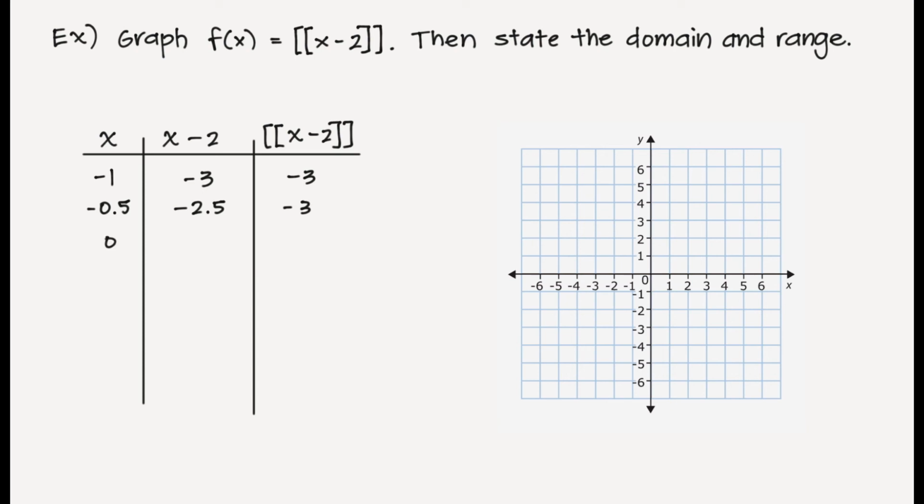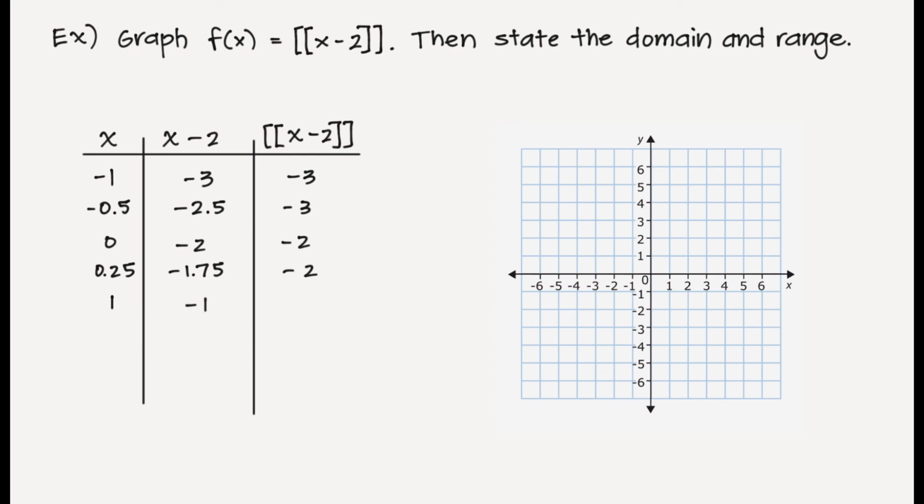My next value I'm going to pick is 0. 0 minus 2 is -2, which again is -2. I could also pick maybe 0.25. When I subtract 2, that's -1.75, but the closest integer less than or equal to that is still -2.